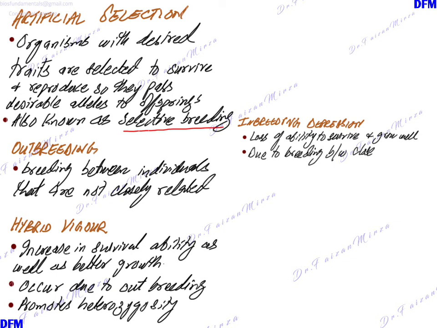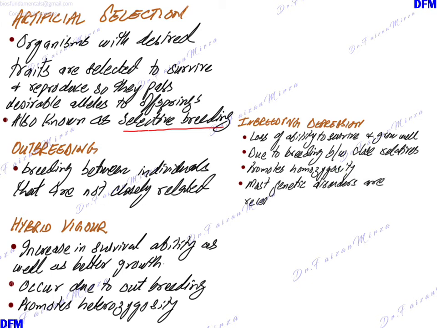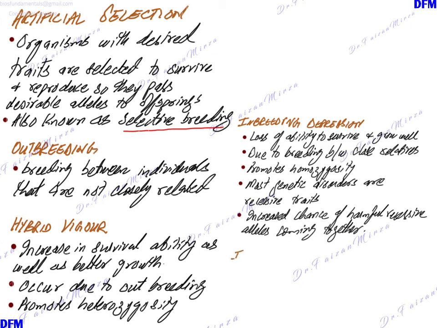This is because of breeding between close relatives. This promotes homozygosity. More homozygous recessive traits start to accumulate, and we know that most genetic disorders are caused by recessive alleles. So recessive traits accumulate, and this leads to an increased chance of harmful recessive alleles coming together, and the population actually ends up becoming less fit.